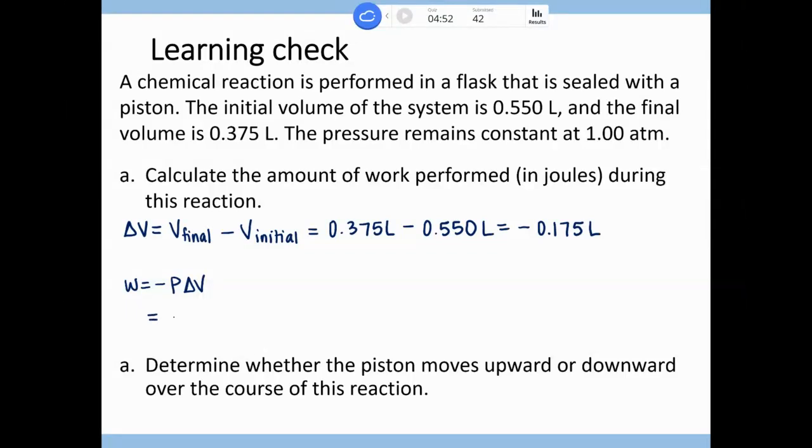We're given pressure, 1.00 atmospheres, and we just calculated change in volume, negative 0.175 liters. So we can calculate work using that equation, and we get 0.175 liters times atmosphere, or atmosphere times liter, however you want to write it, is fine.